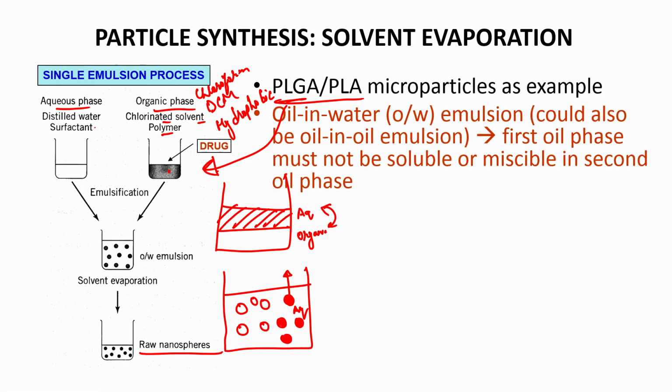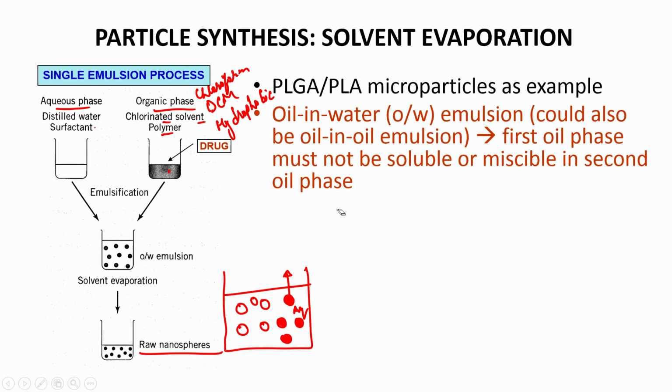This process is again referred to as oil in water, and the reason is that the oil is in lower amount and essentially these oil droplets are in water. So, it is very famously known as oil in water emulsion. This could also be oil in oil depending on what external phase you are using.